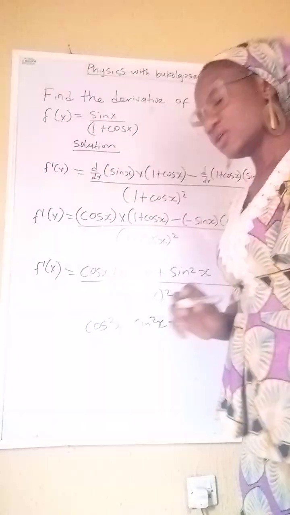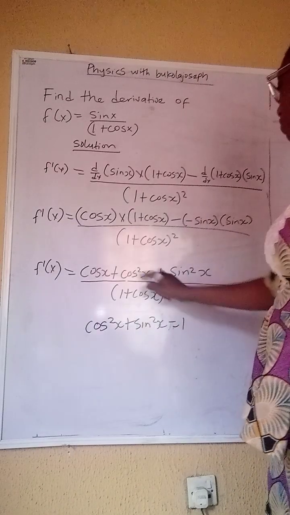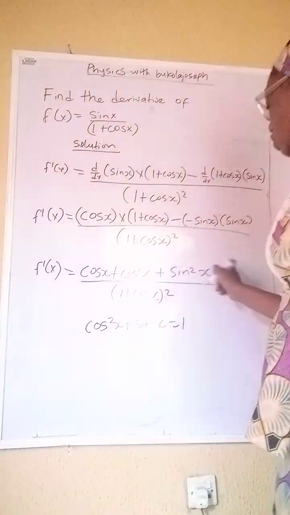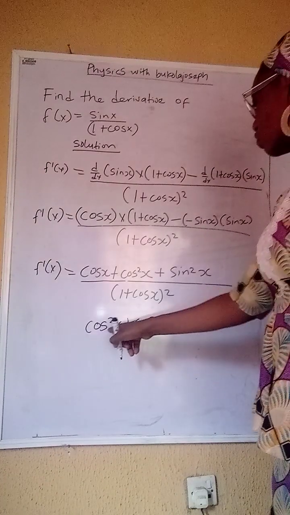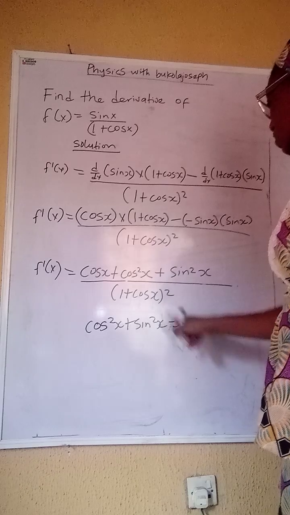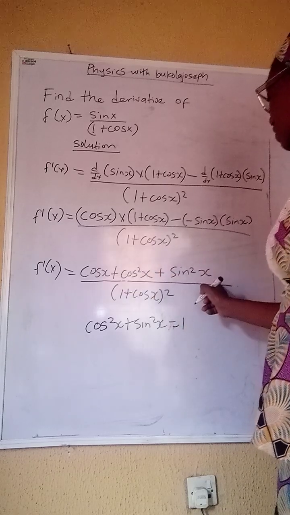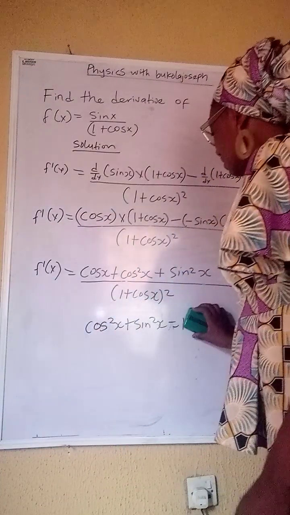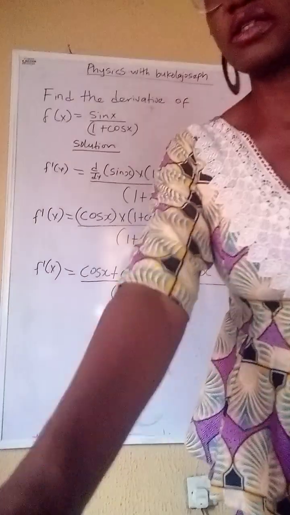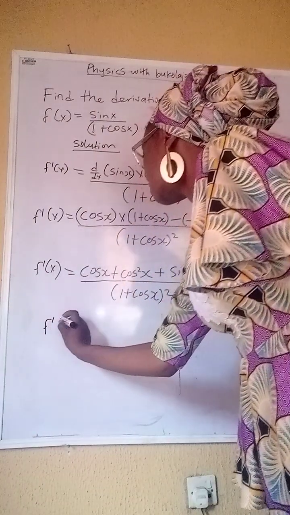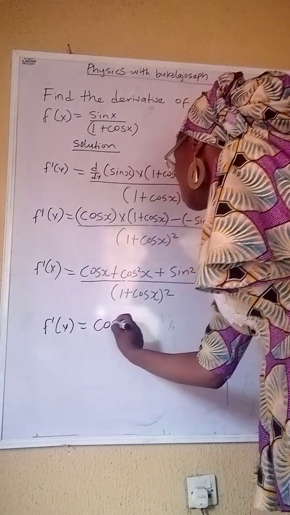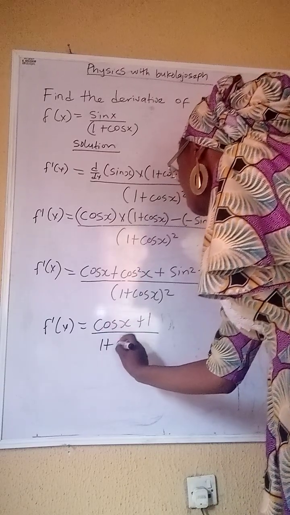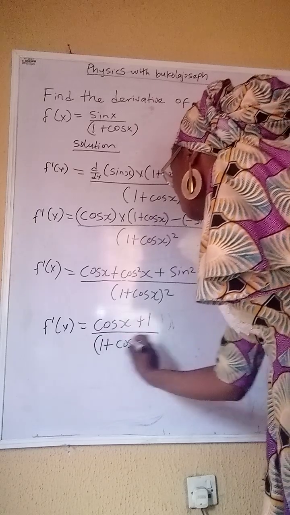So it means that we are going to be substituting this identity with 1. So this identity will be replaced with 1. So if we replace this identity with 1, we'll have cos x plus 1 all over 1 plus cos x all squared.